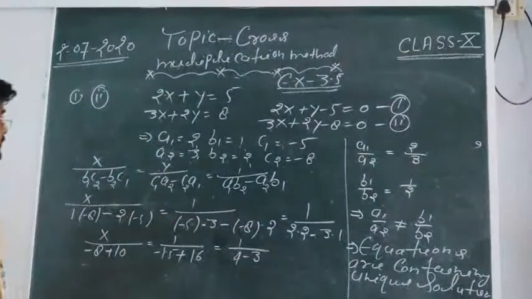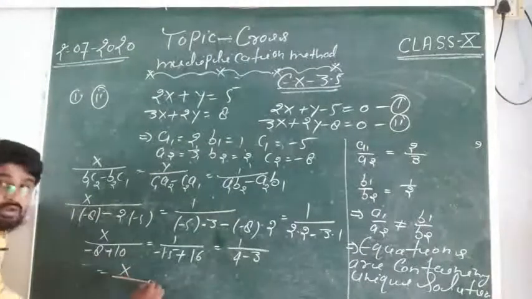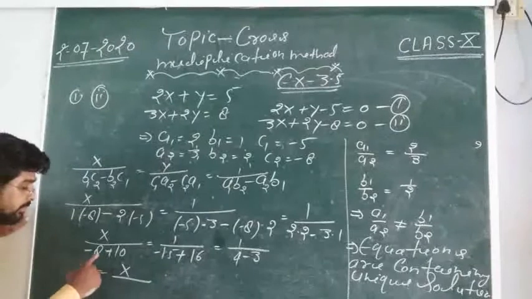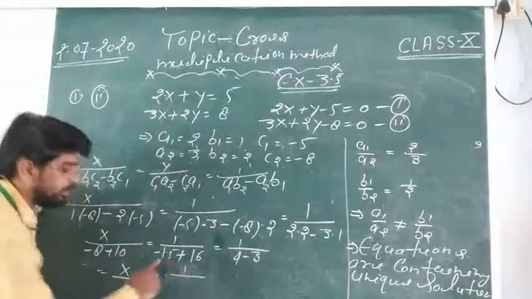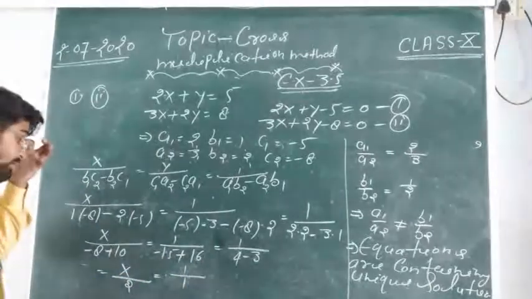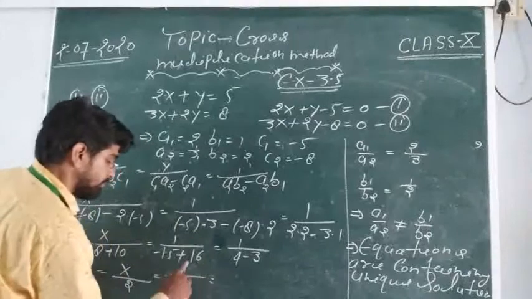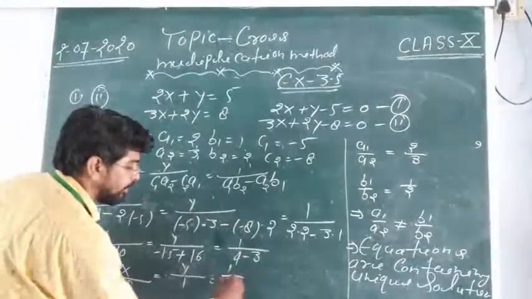Now see student, we can write x upon minus 8 plus 10, that is 2, is equal to 1 upon minus 15 plus 16, that is 1, and y upon 1, right here y upon 1 and 1 upon 1.